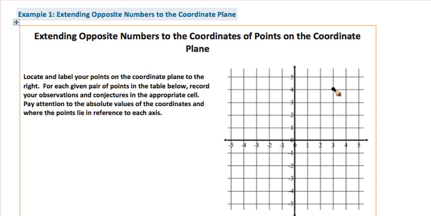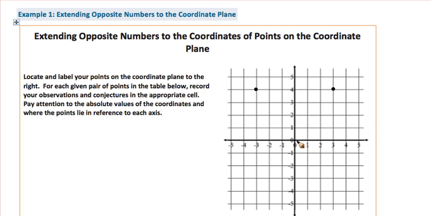And the second point is -3, 4. So 3 in the negative direction and 4. Pay attention to the absolute values of your coordinates and where the points lie in reference to each axis.